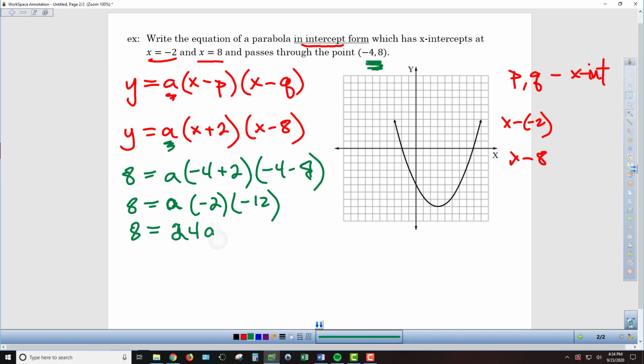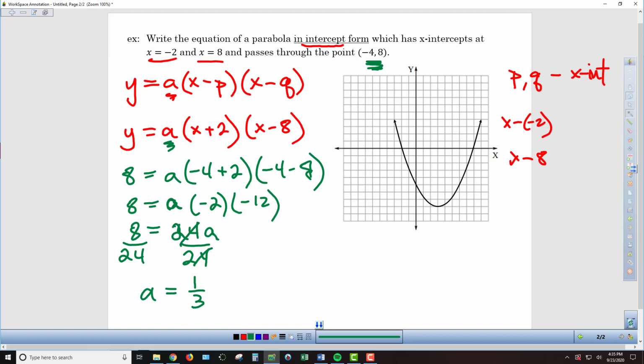So I've got 24a on this side. Then finally, to solve for a, I'm going to divide both sides by 24. If I do that, just be careful, our answer is not 3. We have a fraction. It's 8 divided by 24. So we just need to reduce that fraction, and hopefully we can find that it reduces to 1/3.